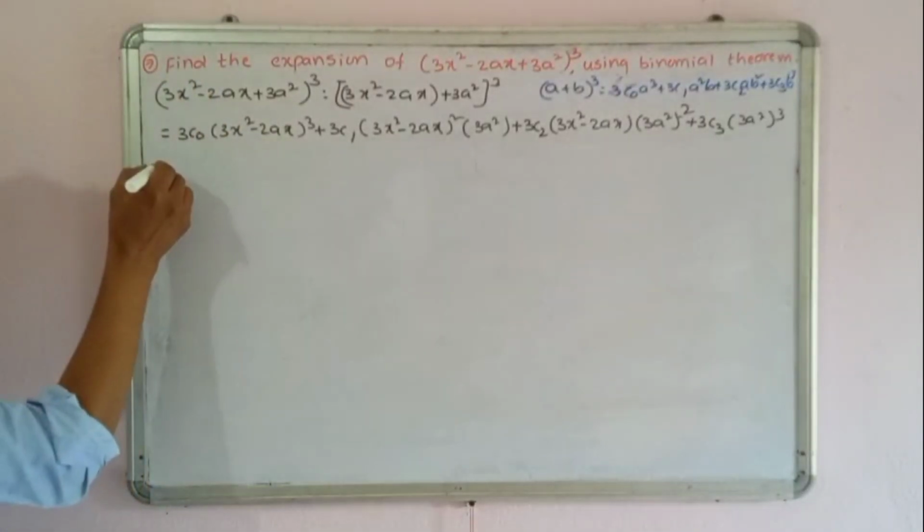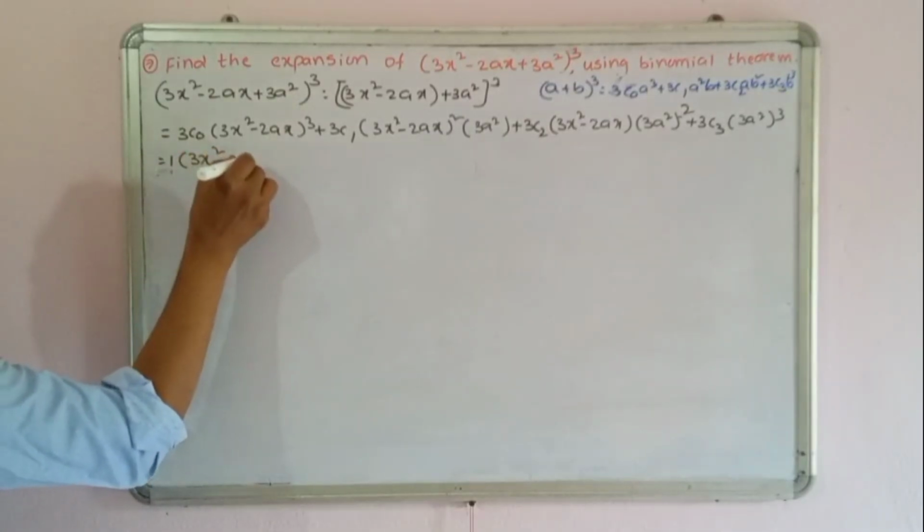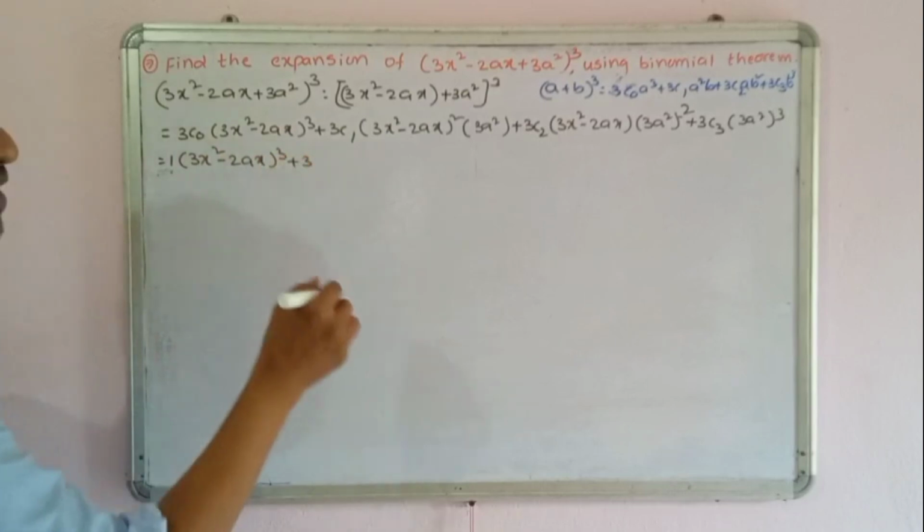So we know that 3C0 value is 1, so 1 into (3x² − 2ax)³ plus 3C1 value 3.